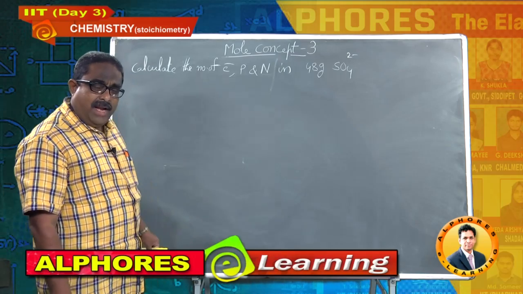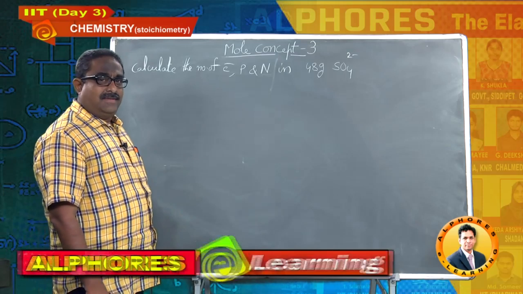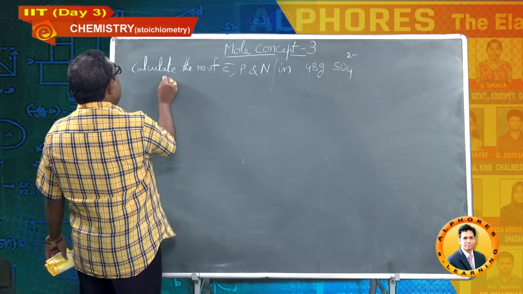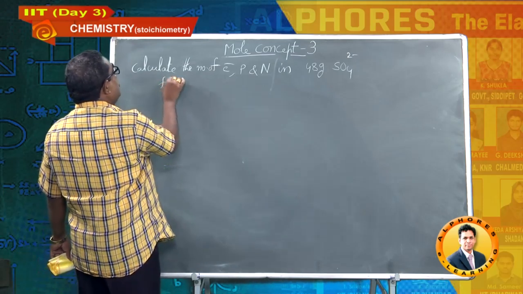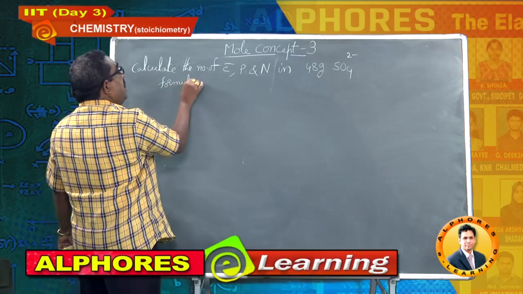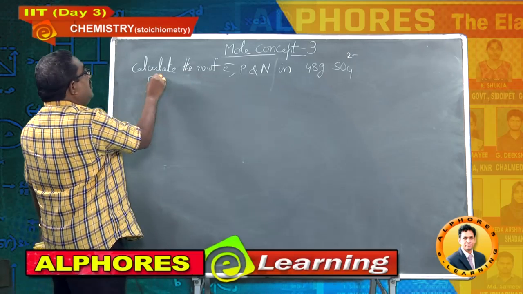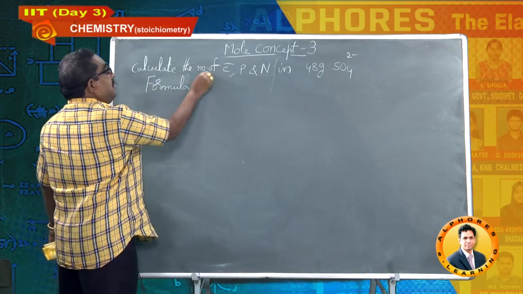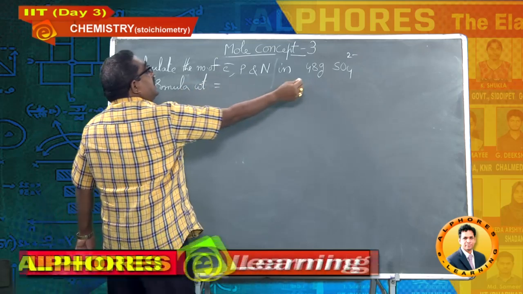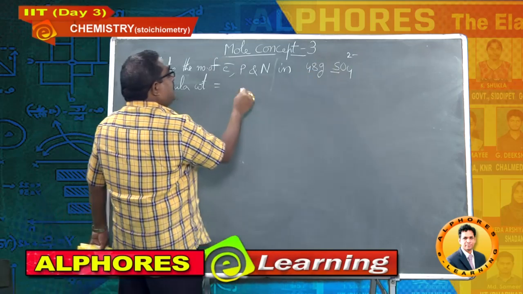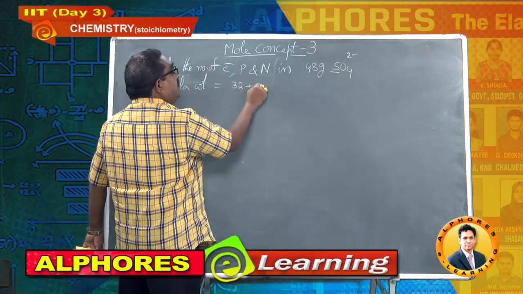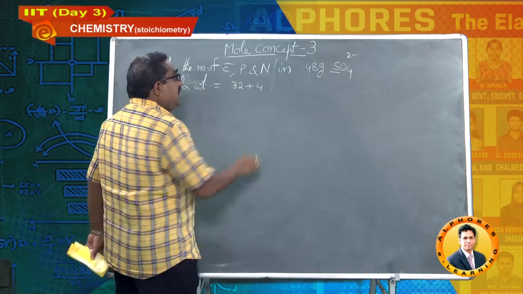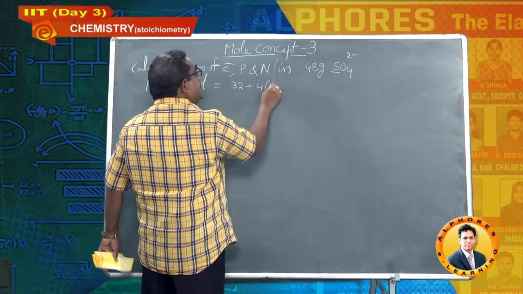We can calculate the formula weight for that. I am calculating the formula weight first. Formula weight is equal to atomic mass of sulfur 32 plus 4 into atomic mass of oxygen 16.